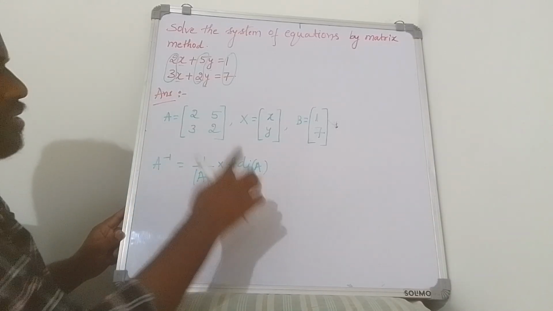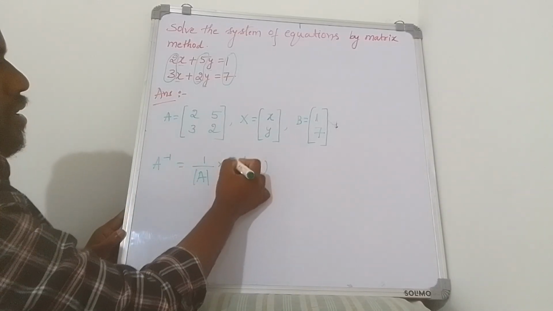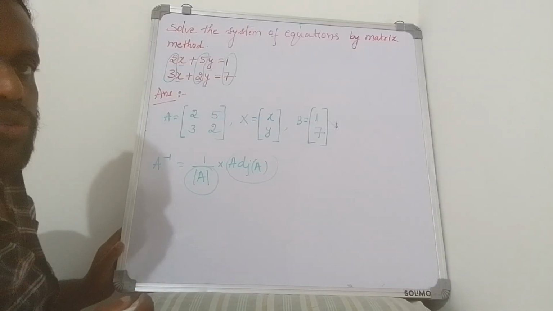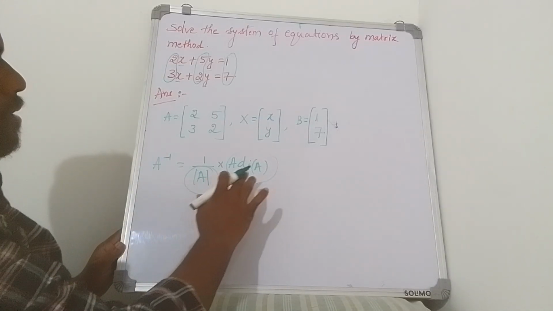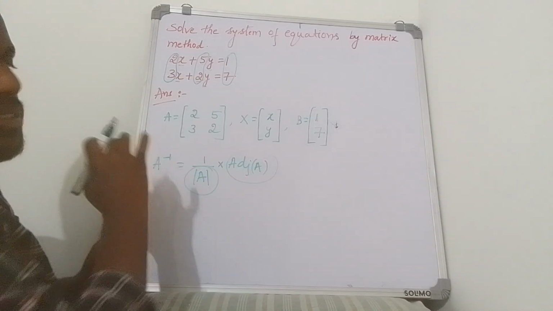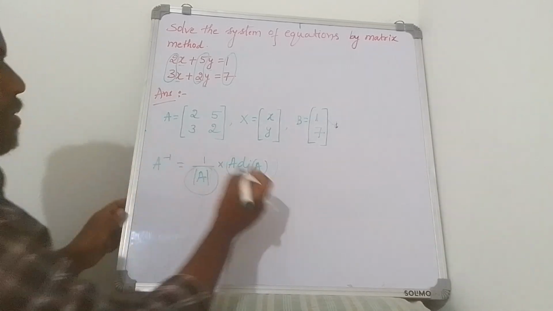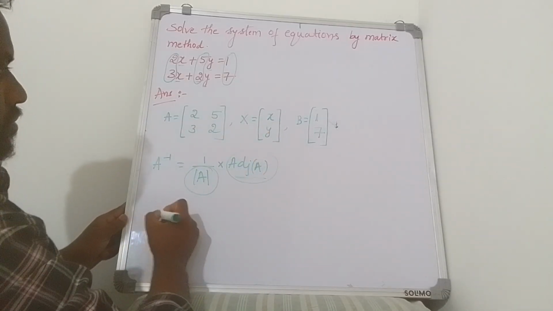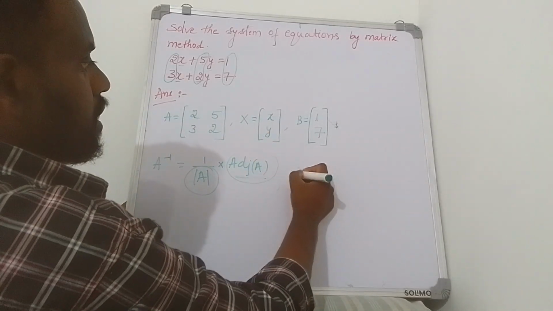Formula for inverse is this. So in the formula we have adjoint A and determinant A. First we have to find these two, adjoint A and determinant A. Then we can find A inverse. First I will take adjoint A.